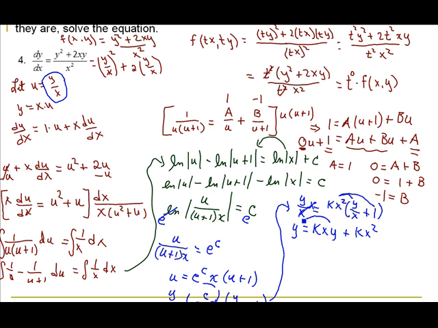I want to bring my y terms together to one side of the equation. And when I do that, I'm going to factor out the y. When I bring this kxy over, it's going to become a negative. And then divide both sides by 1 minus kx. And we have our solution to the equation.